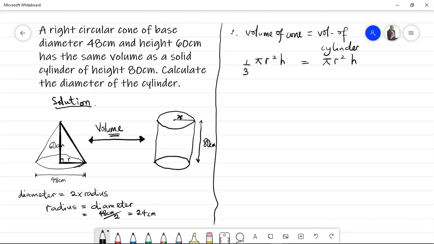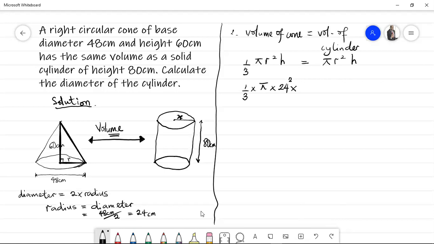Substituting for your values, this is 1 over 3 multiplied by pi multiplied by r squared. r here is the radius of the cone, which we already calculated as 24 centimeters. So let's substitute 24 there, and don't forget to square your radius: 24 squared.